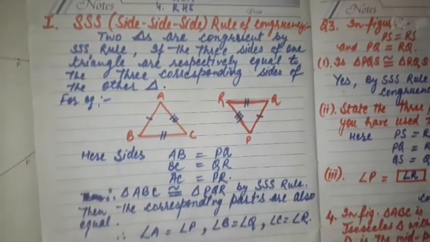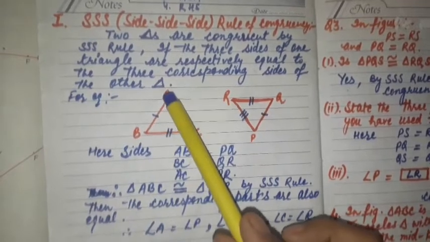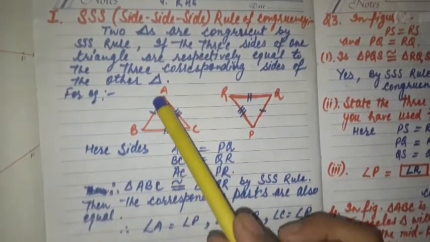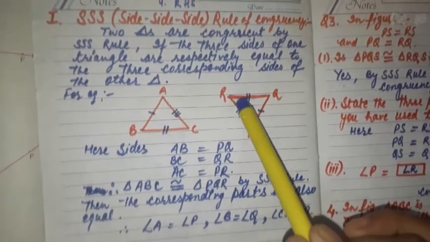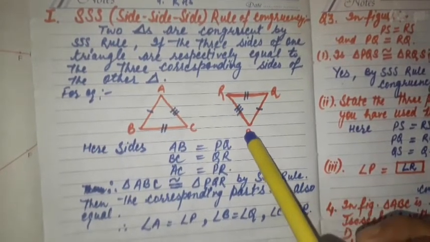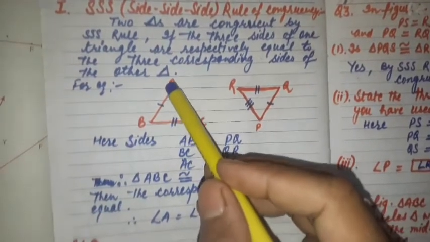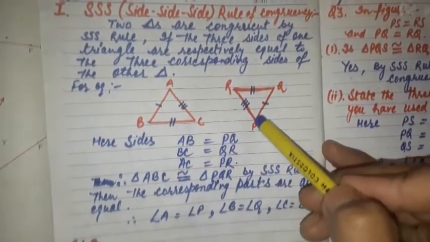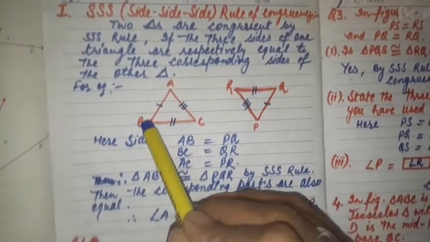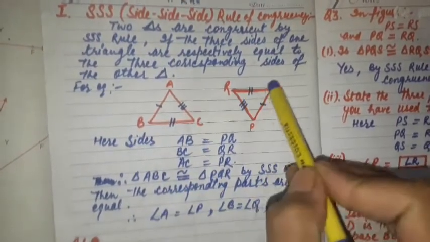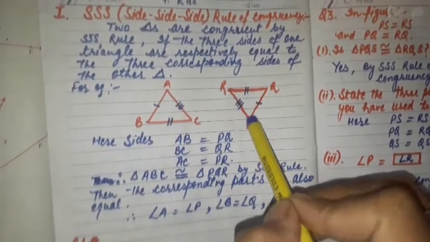For example, we have a given triangle ABC, and the name of the other triangle is RPQ. Any name you can write there, but the equal parts are there. AB is equal to PQ, BC is equal to QR, and AC is equal to RP.